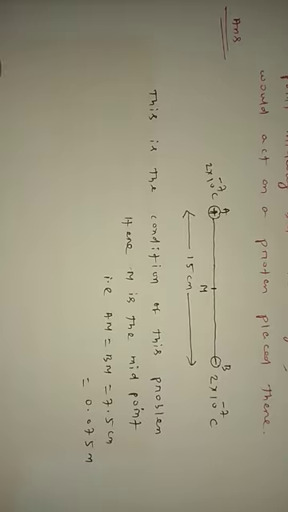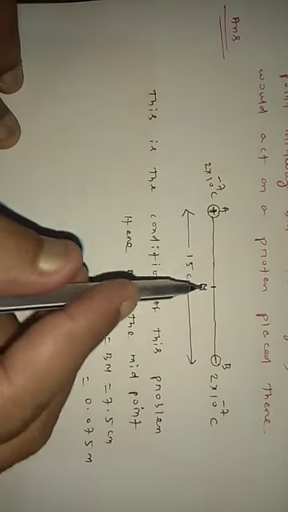Okay. So electric field intensity at point M due to this charge 2 × 10⁻⁷ Coulomb.